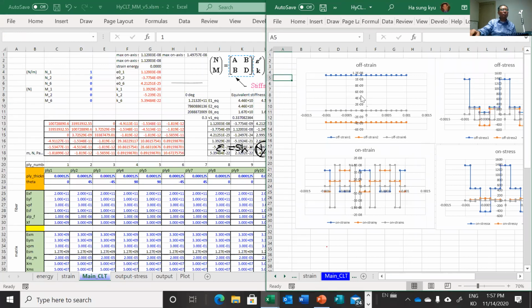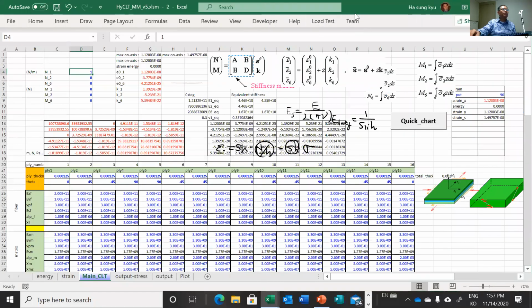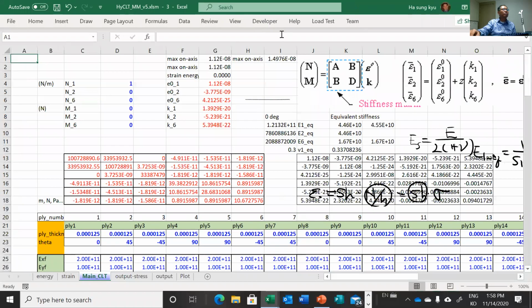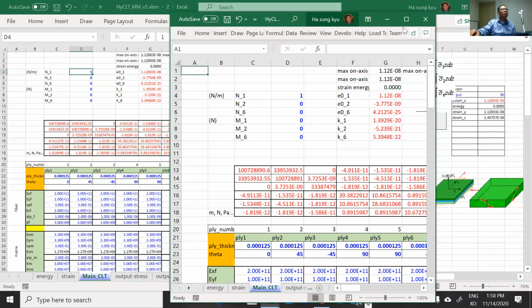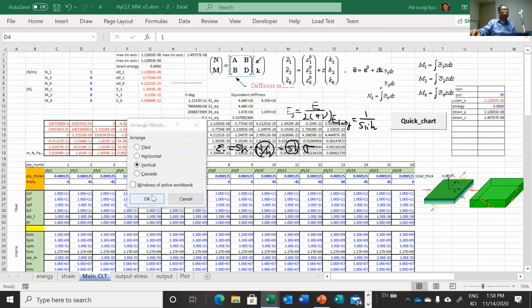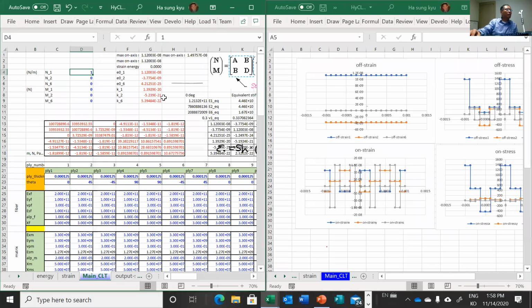See, strain is the important thing here, and it is certainly uniform strain.